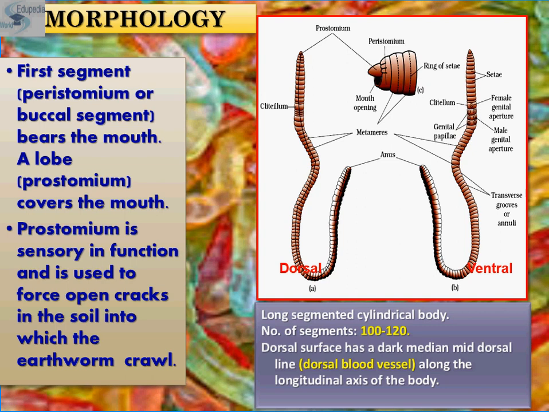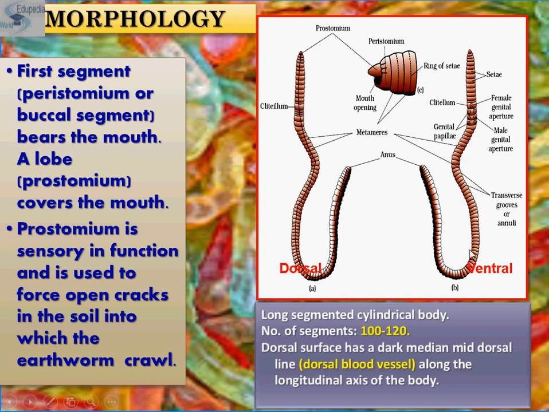They lack either an internal skeleton or exoskeleton but maintain their structure with fluid filled coelom chambers that function as a hydrostatic skeleton. These are the genital papillae, and these are the transverse grooves or the annuli.